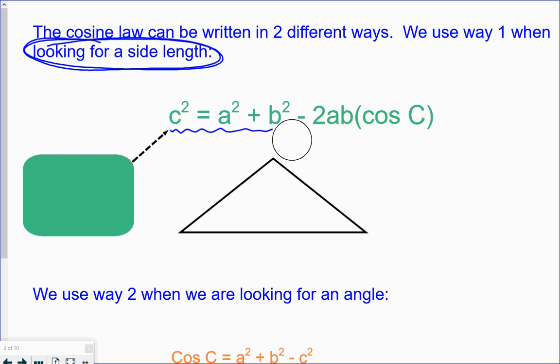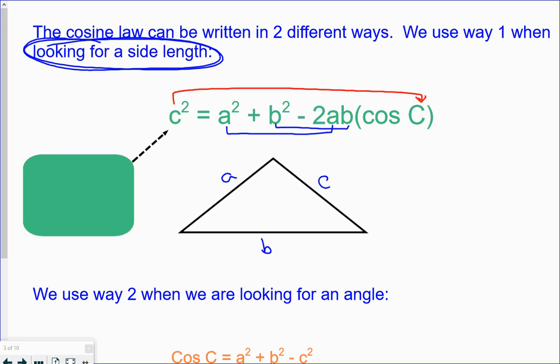So if I just use the same letters, remember, lowercase are for sides, uppercase are for angles. If I label this one C, this one A, this one B, you'll notice the A and the B numbers get plugged in twice. And then the really important part of this is your pair.